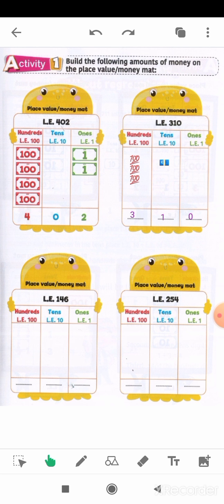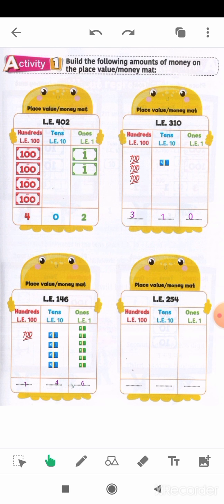Second, we have 146, so we have 100 and 4 tens, 1 2 3 4, and 6 pounds or 1 pound, 1 2 3 4 5 6. So we will write it as 146.